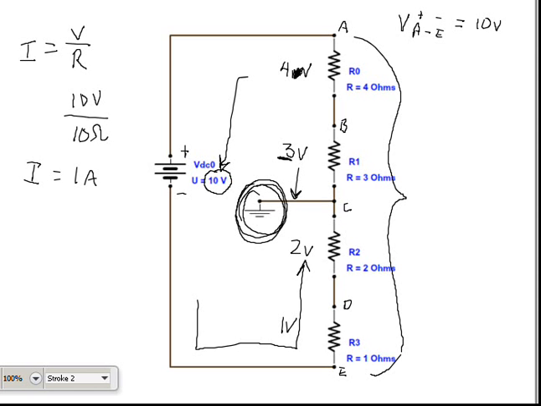If I measure points A to C, well, my negative probe is on point C. So my positive probe is on point A, my negative probe is on point C, and the ground tells me in this situation, if I'm referencing point C, then that has to be where my negative probe is. So A to C, my voltage drop is going to equal 4 volts plus 3 volts, a 7 volt voltage drop.